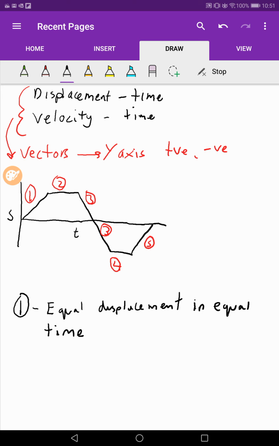So what's happening there? If we're doing equal displacement in equal time, well, that's a velocity. Usually 1 meter per second or 2 meters per second for a number of seconds, we are doing a constant velocity.